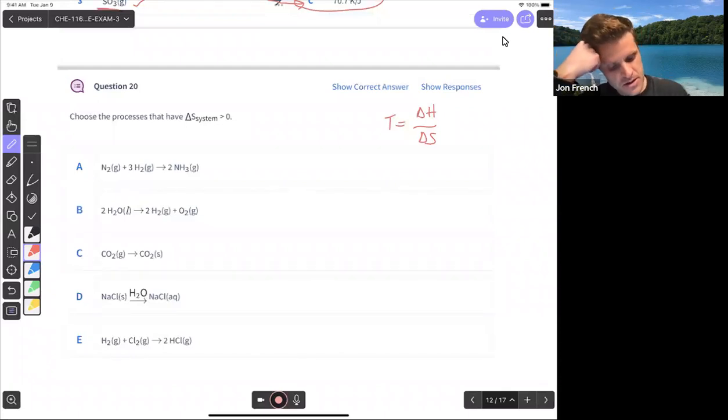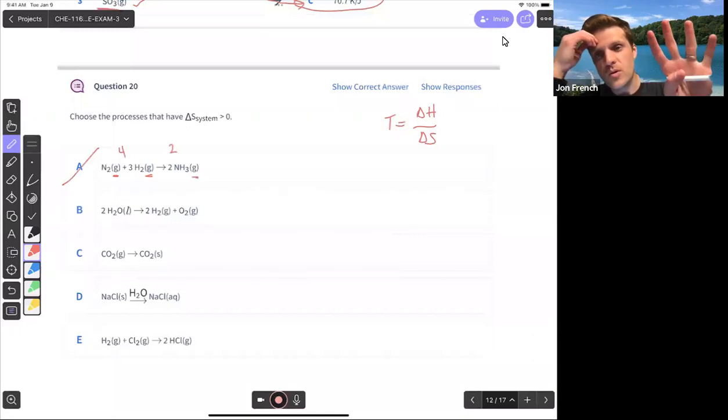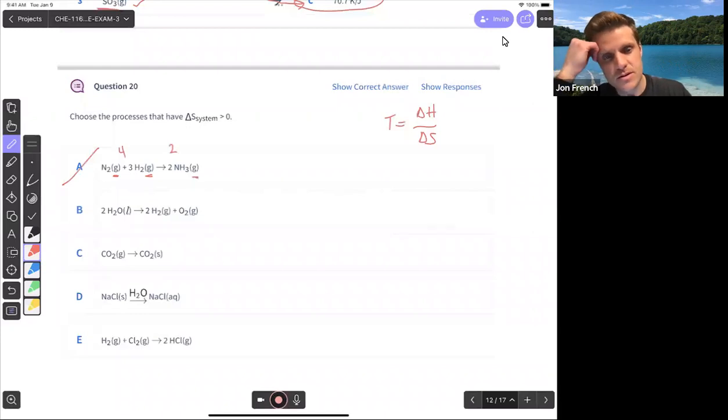If we take a look at choice A, I've got 4 moles going to 2 moles and gas going to gas. So no, entropy is decreasing here because I'm going from 4 moles of a gas to 2 moles of a gas. That's a decrease in moles, decrease in entropy.